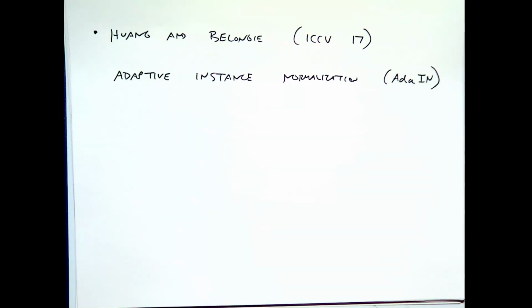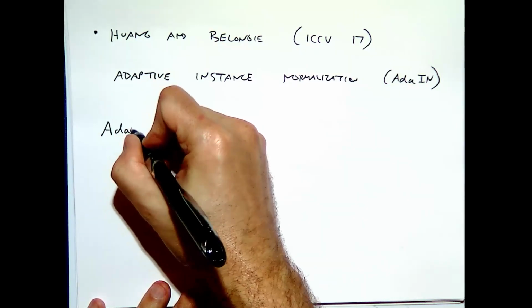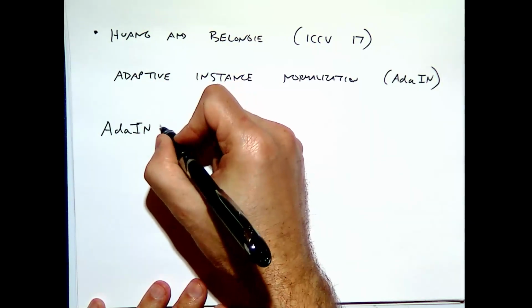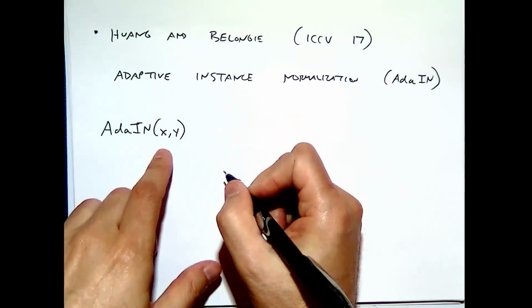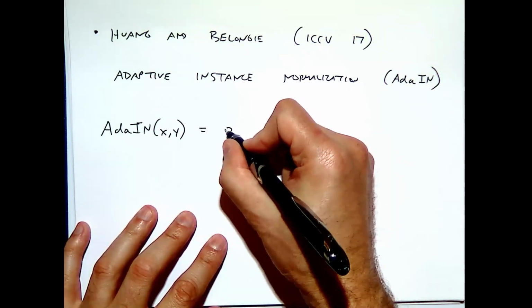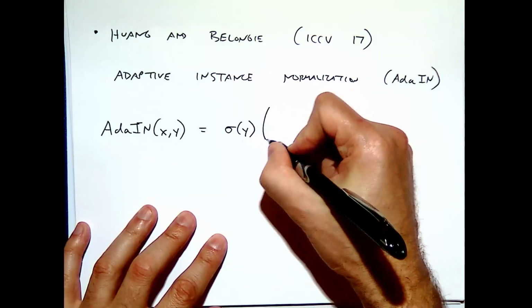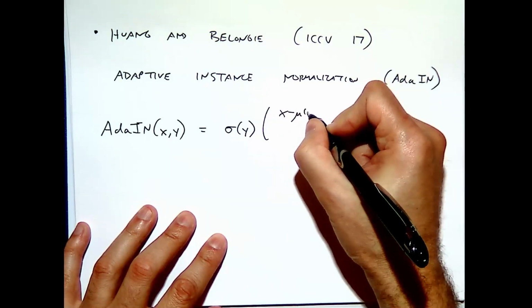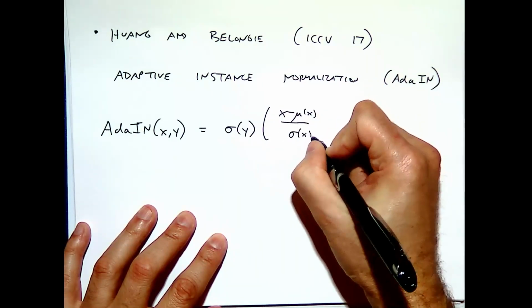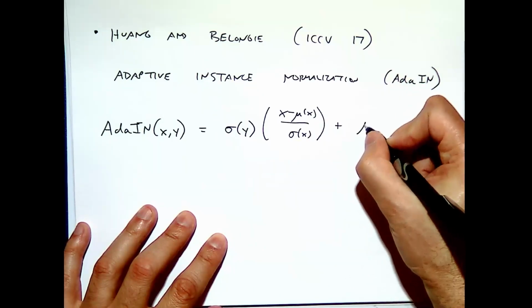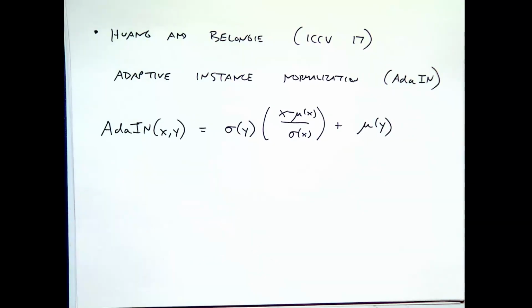So basically, it's like trying to align the input mean and variance to that of an output, right? So the normalization there, if I'm trying to normalize x to y, is just like saying I normalize x, and I make the mean and variance match whatever y is, right?